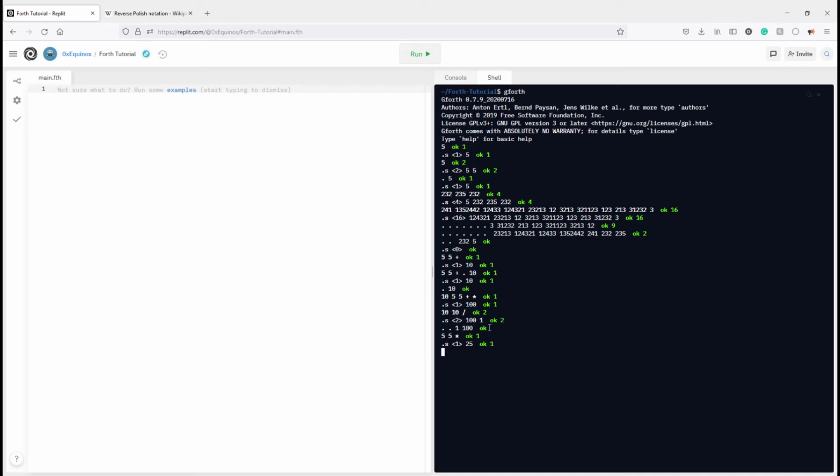We can do modulus as well. So if we do a 5 and then we do mod, then we get 0 because the remainder of 25 and 5 is 0. Mod doesn't have a symbol, you just have to type out mod. Capitalization doesn't actually matter in Forth, though the traditional way of writing it is fully capitalized.